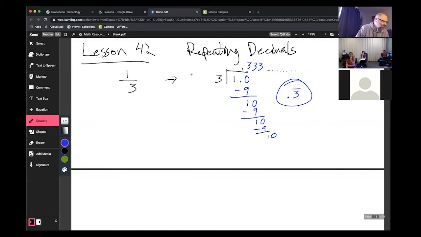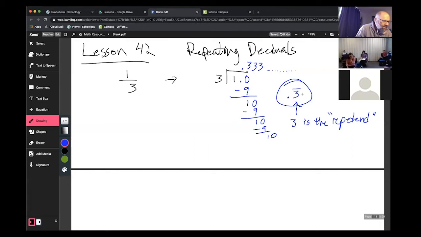First of all, let me give you the official term so you feel important. The repeating digits of a decimal are called the repetend. So the 3 is called the repetend. That's the official word for that.